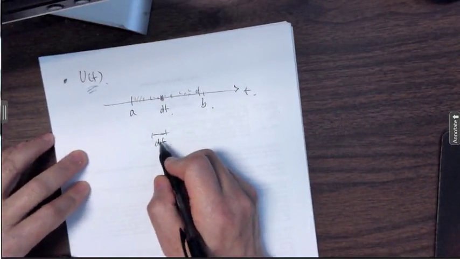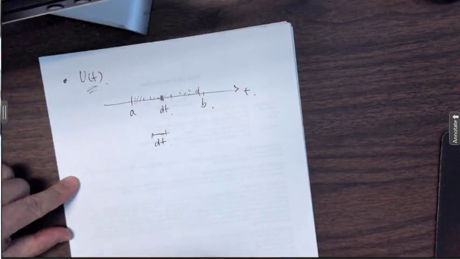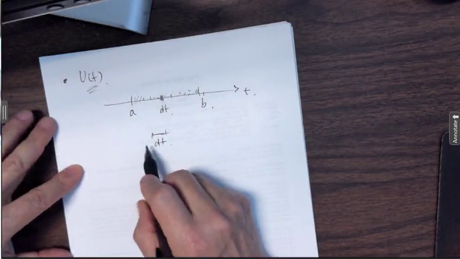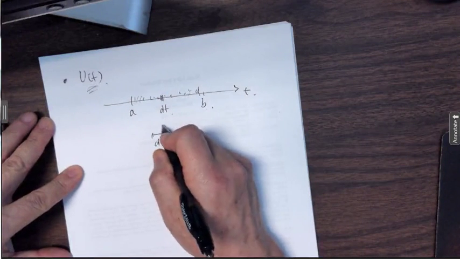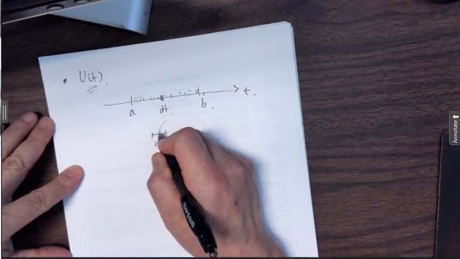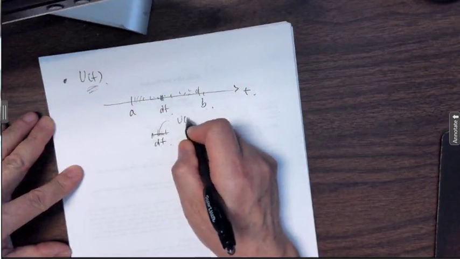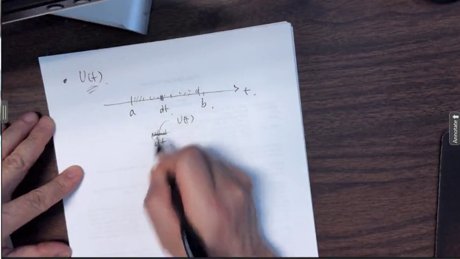Our idea is similar. We'll try to find the distance traveled within each short interval. Since this is so short, we can say the velocity during this short time interval is always v of t, where t is any moment we pick within this interval.